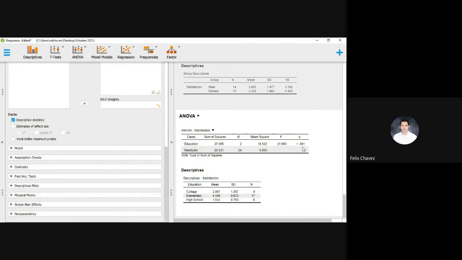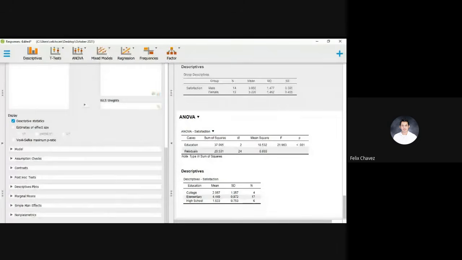Now, if the ANOVA is significant, then we have to do a follow-up test. We call that one a post-hoc test. Always remember that if the ANOVA is significant, we need to perform a post-hoc test. A post-hoc test is a pairwise comparison between groups, or multiple comparison.